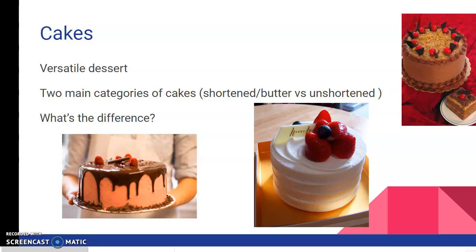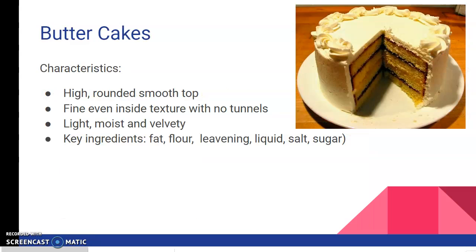Foam cakes, on the other hand, which are unshortened cakes, get their volume from beaten egg whites. And some foam cakes also use chemical leavening agent. But both types are delicious and both types are equally fun to prepare.